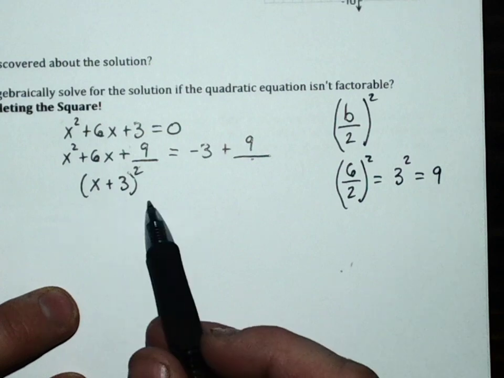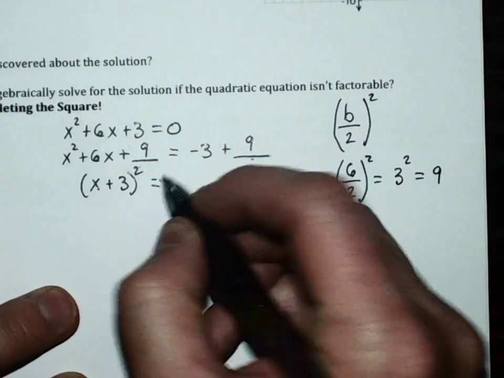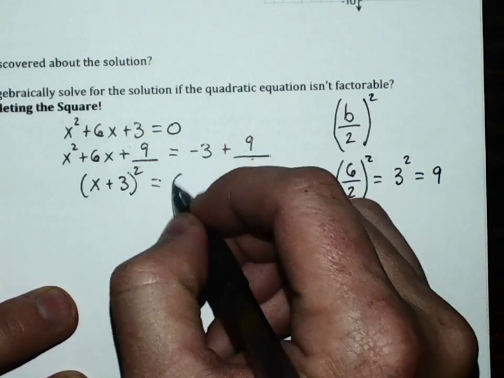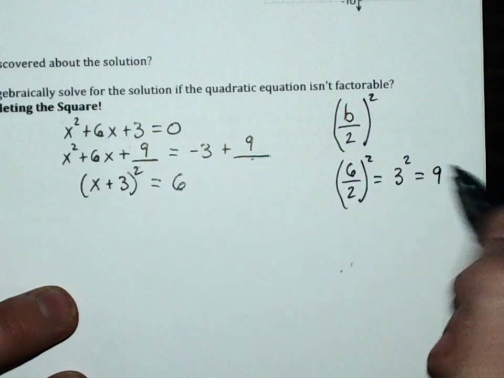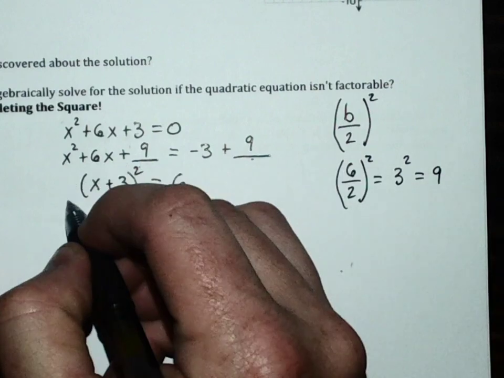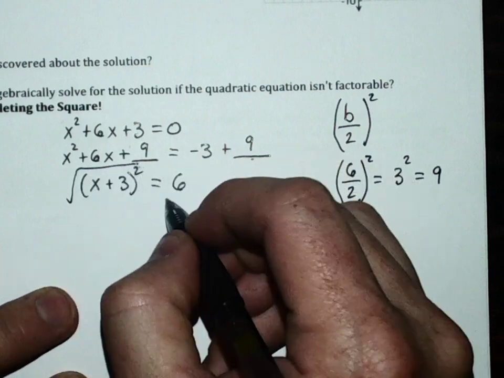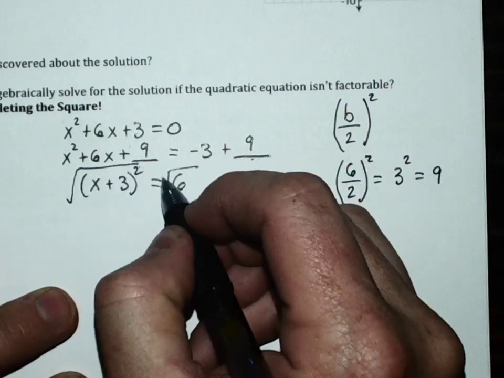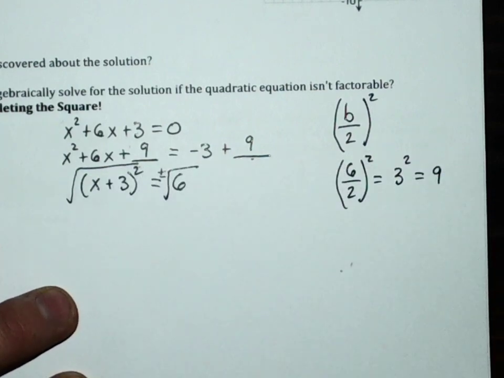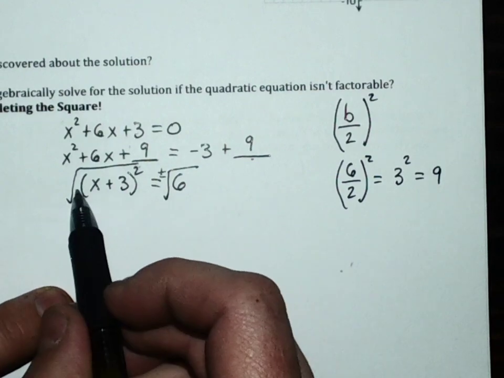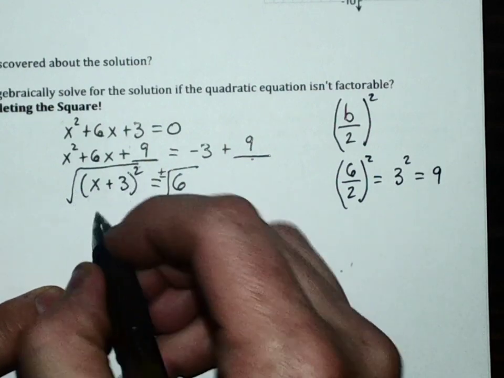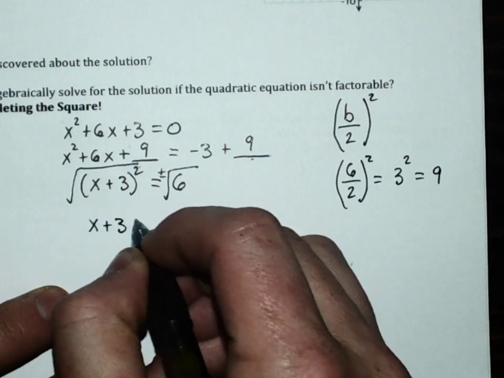x plus 3 squared equals -3 plus 9, which is 6. Now we're going to finish this by taking the square root. When you take the square root, do not forget your plus and your minus. The square root undoes the square, leaving just x plus 3.